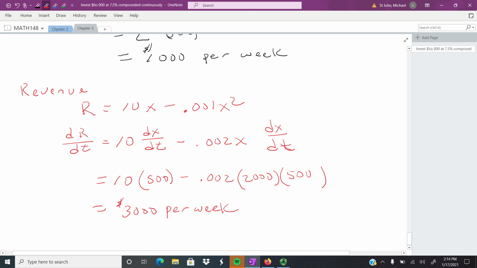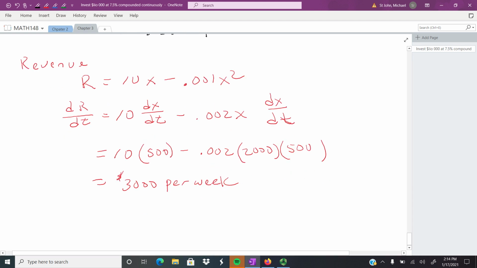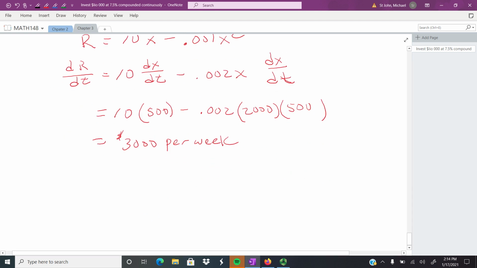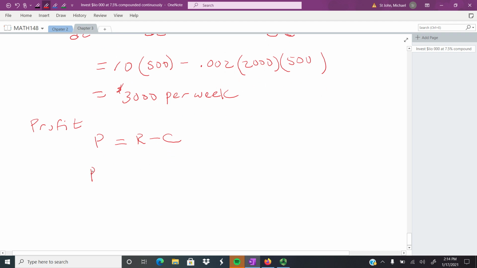And then lastly, we get to our profit. So now we can do our profit function. P was equal to R minus C. So P prime is going to be R prime minus C prime.